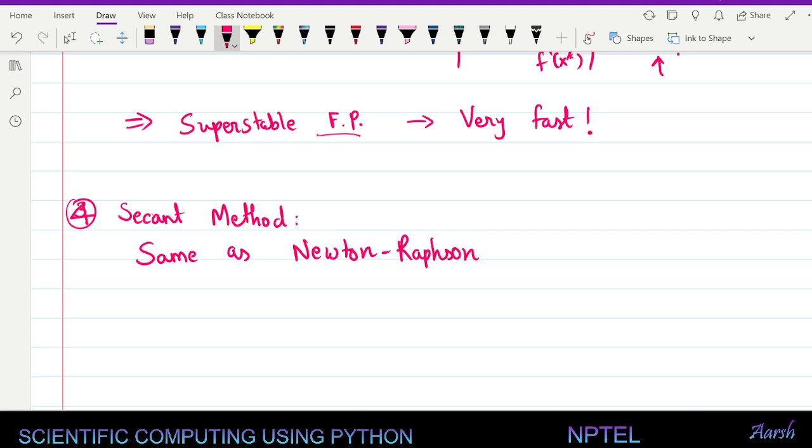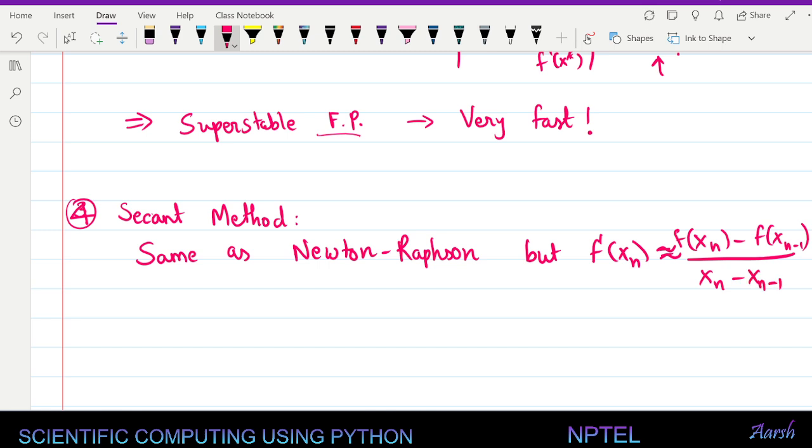Should give credit where it's due. Same as Newton-Raphson, but we don't know the derivative at n. So we approximate it as, how do we approximate? Well, we have xn minus 1 and xn, so we say it's this backward difference, if you remember.